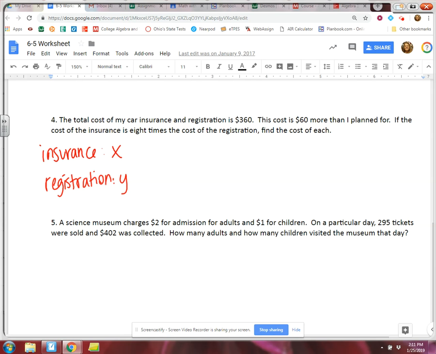There's a number in here that everybody always tries to use, but I purposefully put it in here to show you not all the time you're going to use all the numbers. It doesn't really matter if I thought it was going to cost $60 more than I planned for. They're still going to charge me what they're going to charge me. I don't really have a say in it. You don't need that sentence. Everybody okay with that? Okay, so then you can finish it from there.